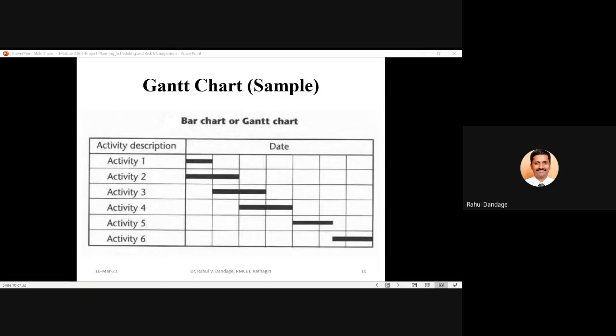For any particular period of time, you can understand which activities are running parallelly and which activities are dependent on each other. Like if I say activity 4, it starts at the beginning of week number 3. So maybe it will require some inputs from activity 2.